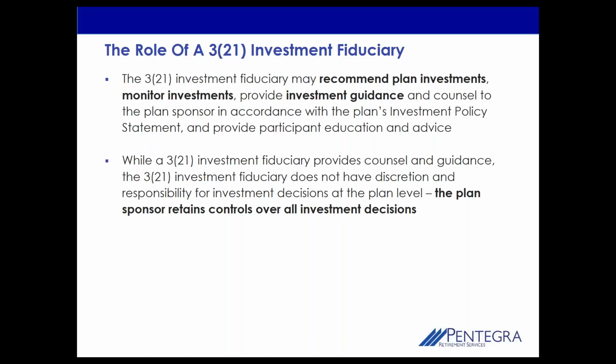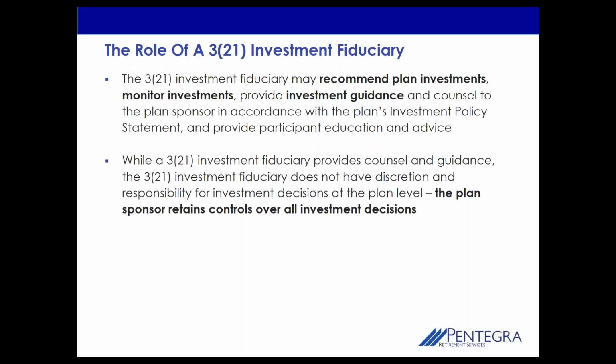But here's the difference. They don't make the ultimate decision on which assets or which asset class or which funds, for that matter, stay in the plan. So there's an element of the plan sponsor retaining control over that final decision.